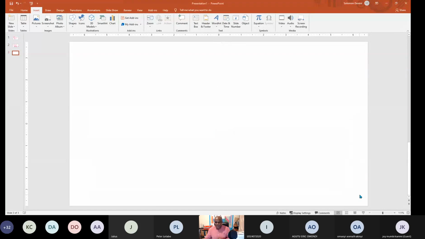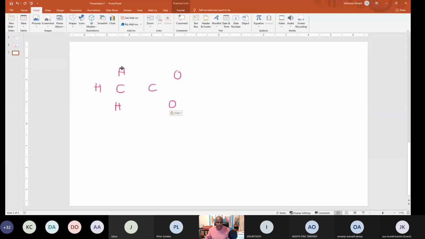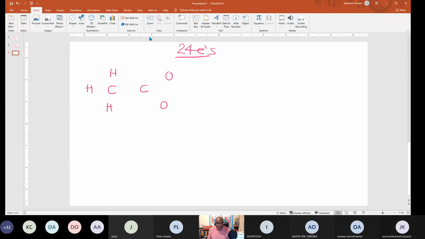So the third step is you have these 24 electrons. You use these 24 electrons to form bonding electrons, to use these ones to form chemical bonds with these elements.